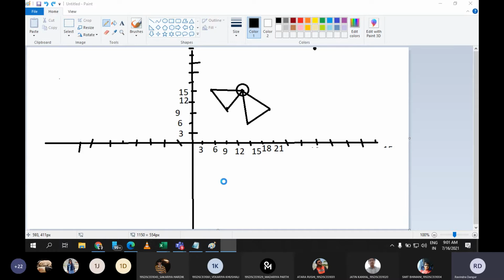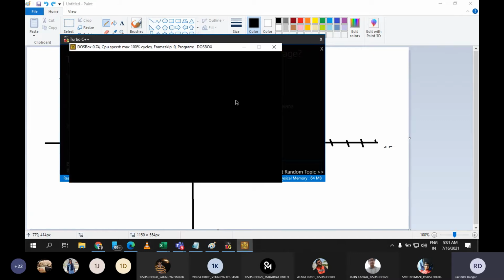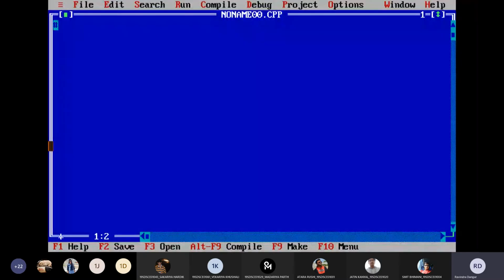Initially we will use the equations for rotation with respect to origin, because we are going to rotate an object with respect to origin, and we know those equations, right? So first we will ask the user to enter everything. Let me define the appropriate header file. Need graphics as well.